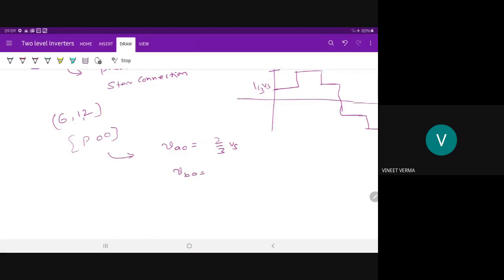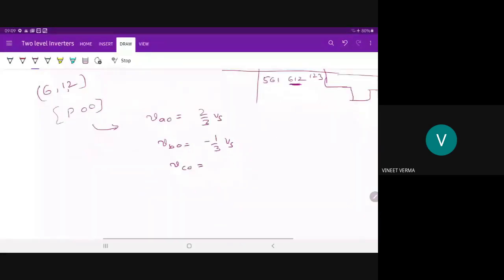This is corresponding to 561, this is corresponding to 612, and this is corresponding to 123. So 612 we are talking about, right? VB0 is minus 1 by 3 Vs, and VC0 is minus 1 by 3 Vs. Okay, so this is corresponding to 612.